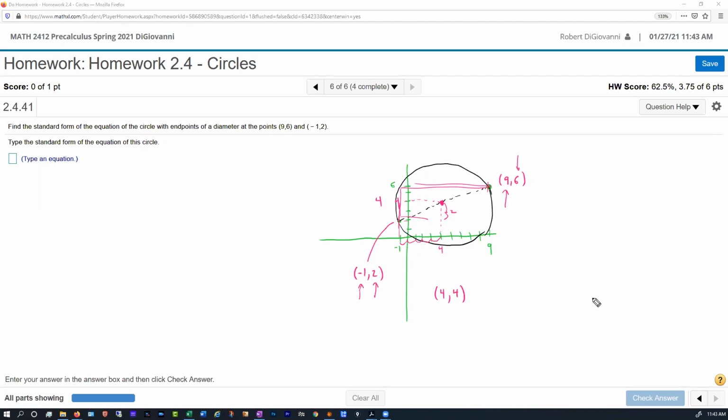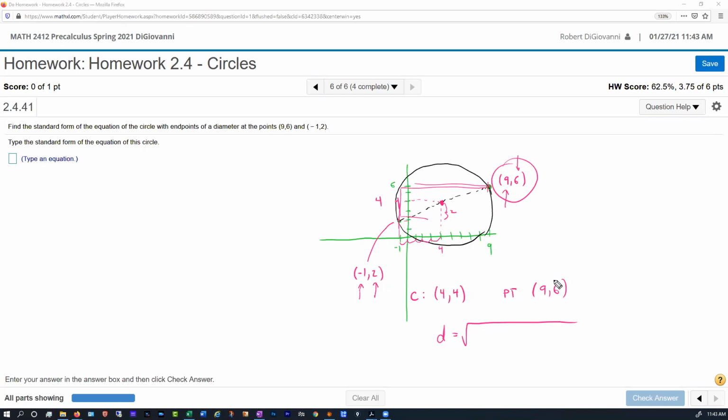And then the radius: if we know the center and we know another point, let's say 9, 6, the radius should be the distance between those 2 points. So the distance will be the square root of the difference of the x coordinates and y coordinates; it doesn't matter which one you do first.